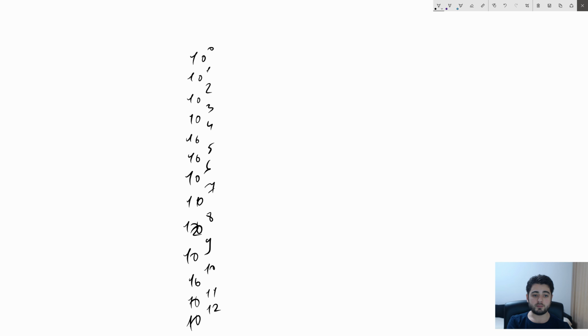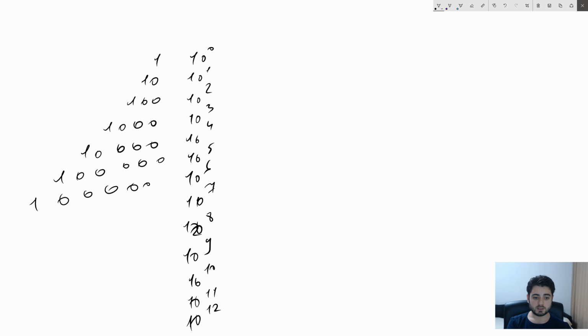So now we're just going to have a pyramid describing how to write this in the regular notation, right? So this is a 1, this is a 10, this is a 100. It's going to look like a pyramid. This is 1,000, now 10,000, 100,000, and now a million, which is going to be important a bit later.